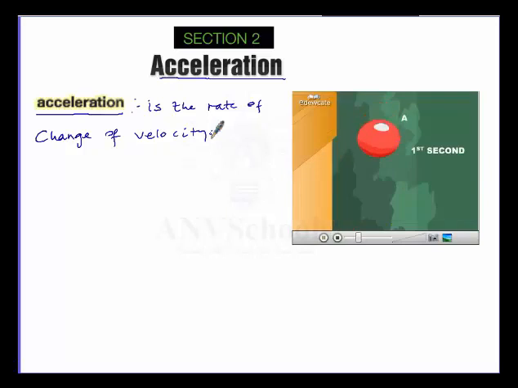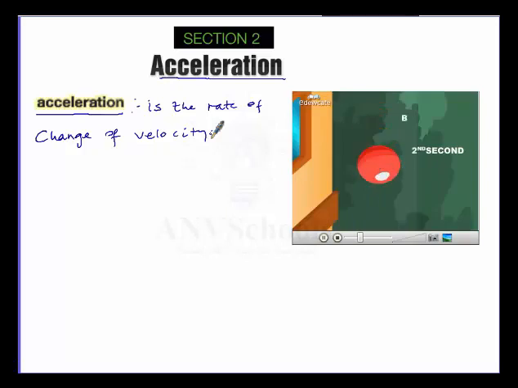So when there is a change in velocity, we say that the object is accelerating. It can be a positive change or a negative change. Whatever the change is, an object is said to have an acceleration if the velocity changes.